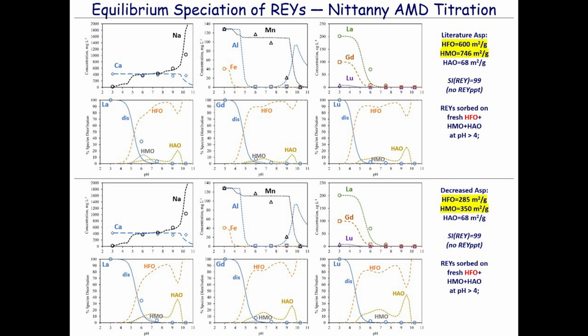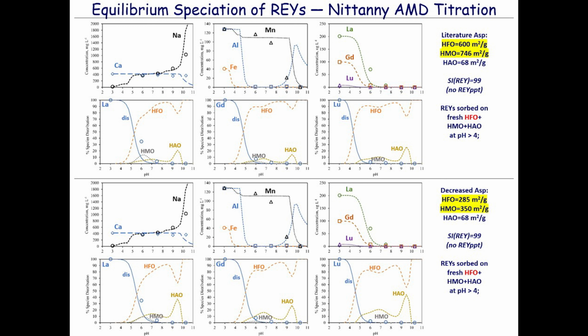In the upper six graphs, we're able to simulate the changes in sodium, calcium, aluminum, and manganese reasonably well. For the rare earth elements, lanthanum, gadolinium, and lutetium in this case, the simulation shows them being removed at somewhat lower pH than what would have been expected or observed.